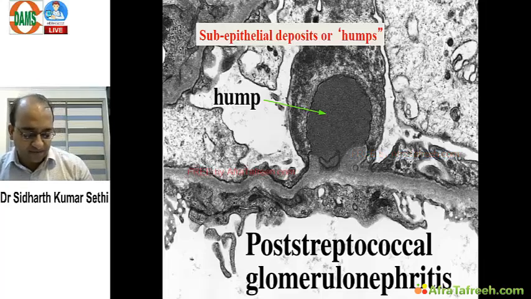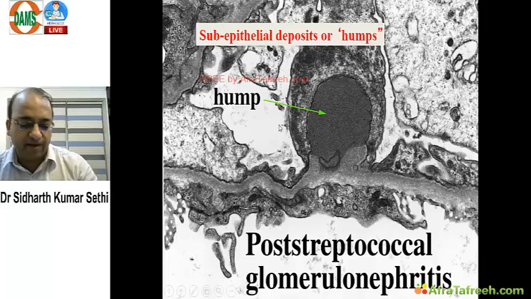Subepithelial humps are only seen in post-streptococcal glomerulonephritis.